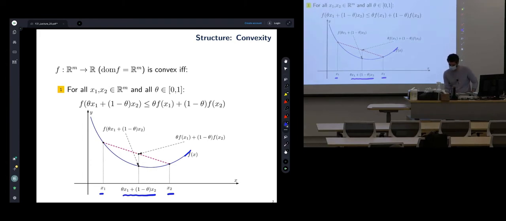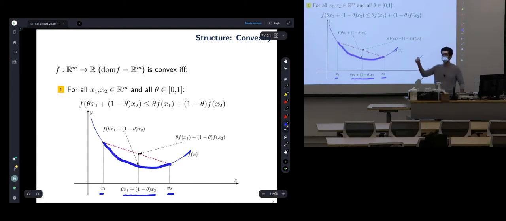Your function varies like this, and this is how you evaluate your function at the interpolation.